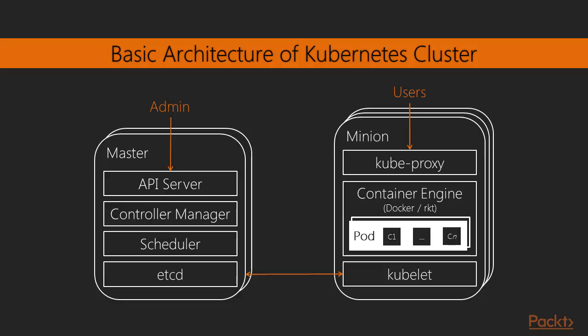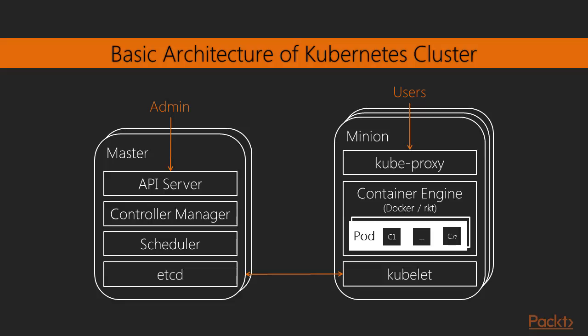On the right-hand side, you have the so-called minions, sometimes called worker nodes. So as a user, when you access certain services that run on the Kubernetes cluster, you usually interact with those minions. Now, in the minion, you have a kube proxy, which is responsible for taking inbound traffic and directing it to the containers running within it.